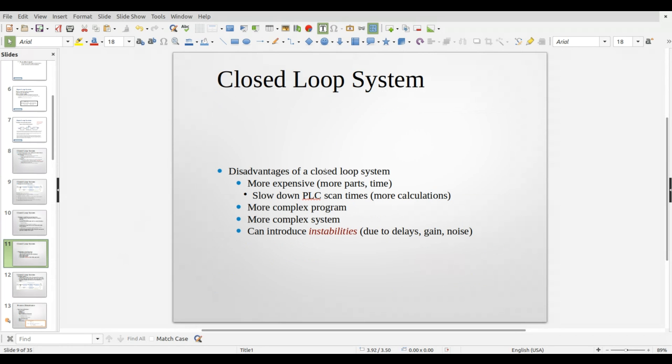Now, there are some disadvantages with the closed loop system. Number one disadvantage is it becomes much more expensive. We have to have a sensor in there. We have to have a smart controller, a controller that's more than just a timer, so it may have more parts.